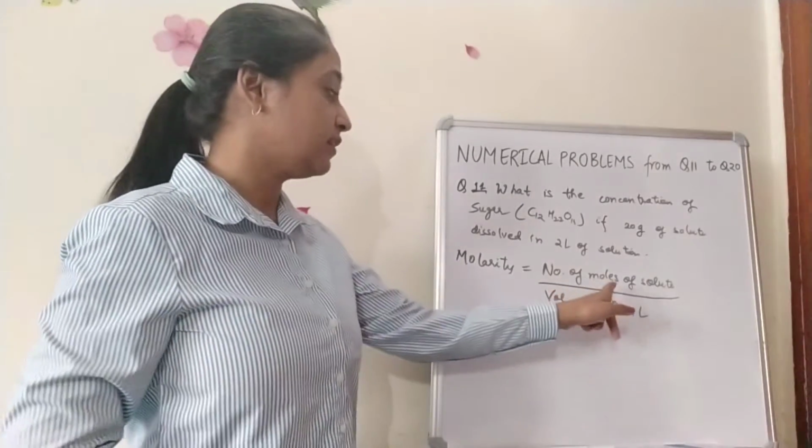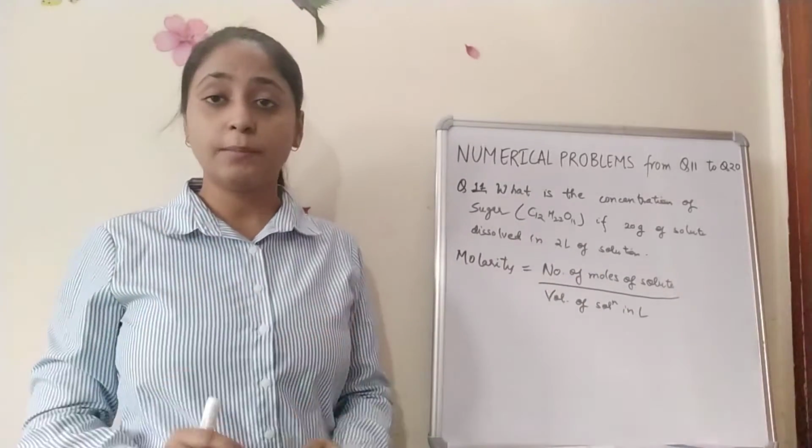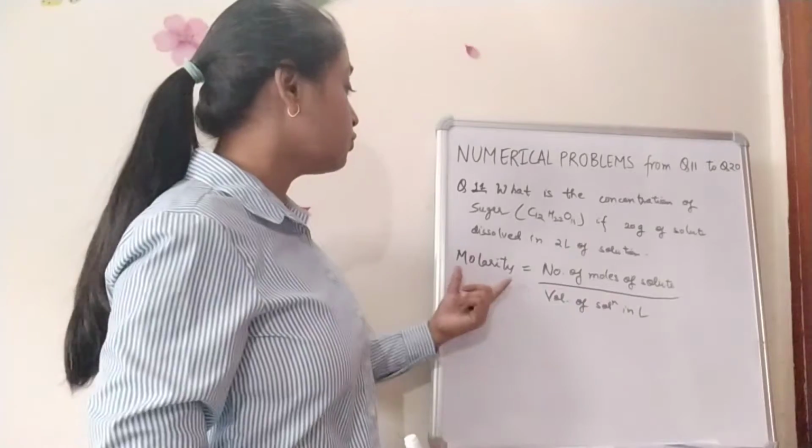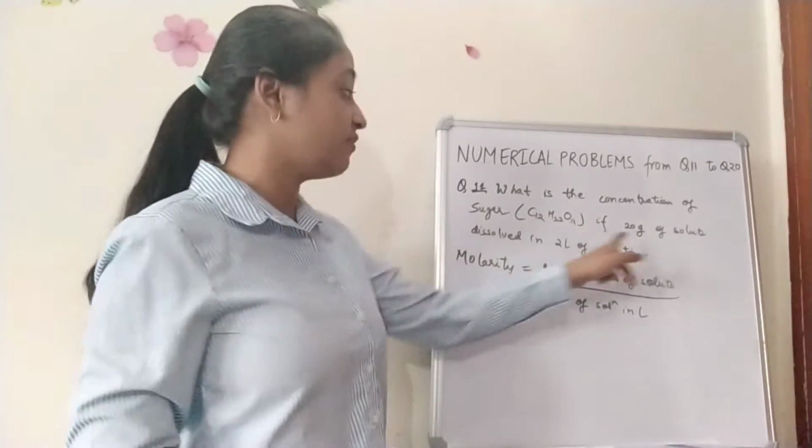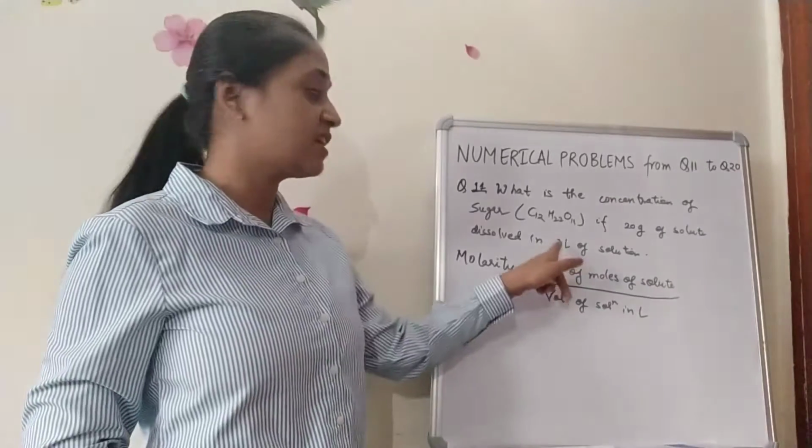So what is the number of moles of solute? Mass by molar mass, right? So we have to calculate first the molar mass here. Mass is given 20 gram and volume is given 2 liter.